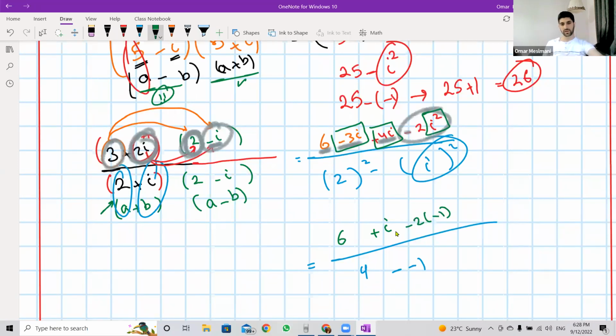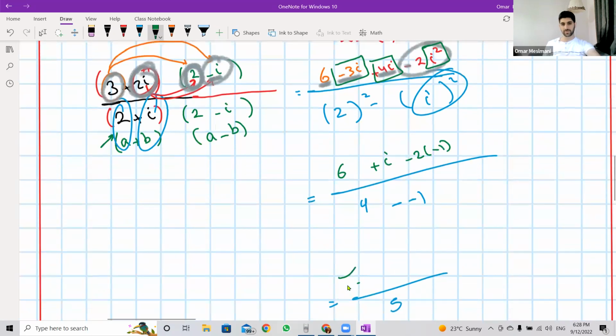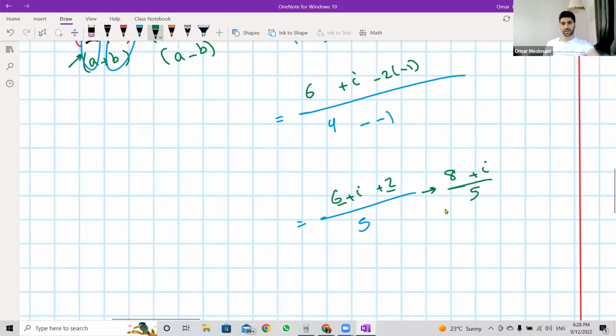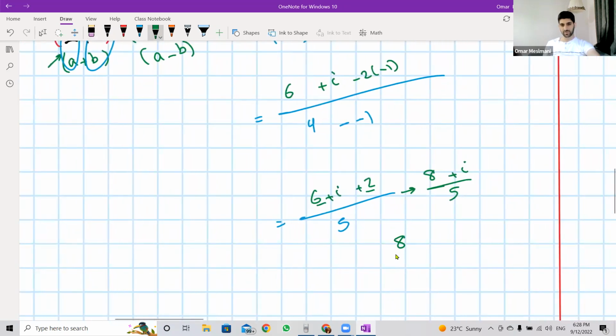So for the last time, it's going to be plus 6 plus i, plus 2. 6 plus 2 here is 8, right? 8 plus i over 5. And for the last step, it is 8 over 5 plus i over 5, or even better, to make it formal, it's going to be 1 over 5 i.